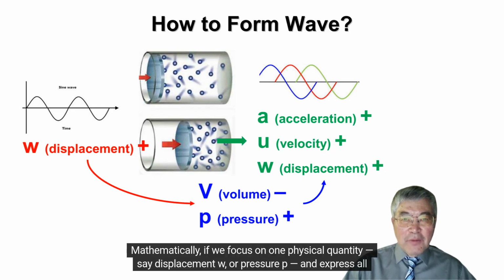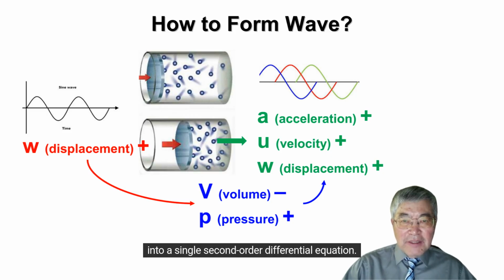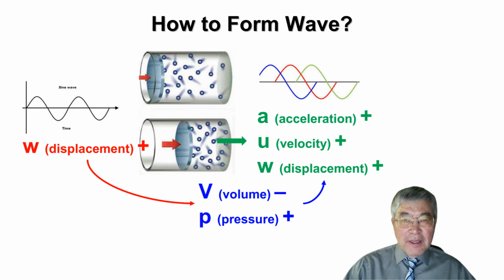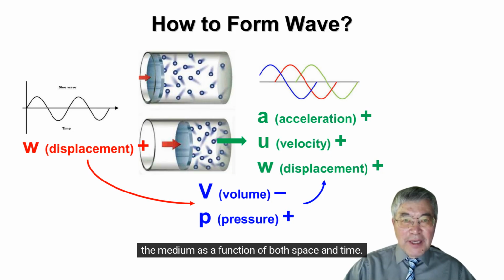Mathematically, if we focus on one physical quantity, say displacement w or pressure p, and express all the other variables like acceleration and velocity in terms of that single variable, we can combine them into a single second-order differential equation. That equation is called the wave equation, and it beautifully describes how the disturbance moves through the medium as a function of both space and time.